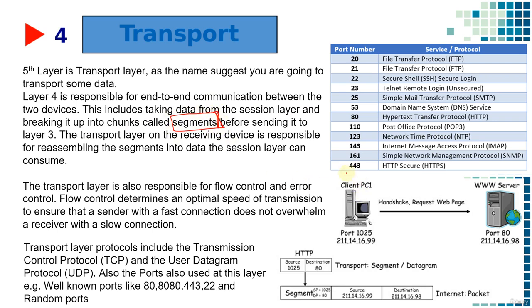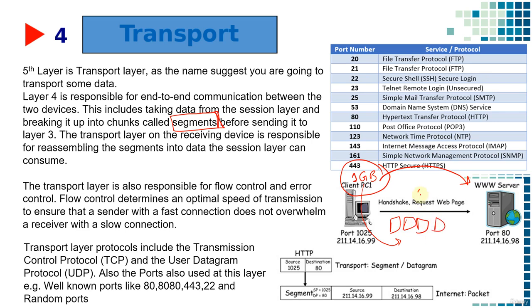Let's suppose you have a 1 GB file. Do you think you are going to send the 1 GB file at once to this server? It is not possible. What you are going to do is break it up into small chunks.